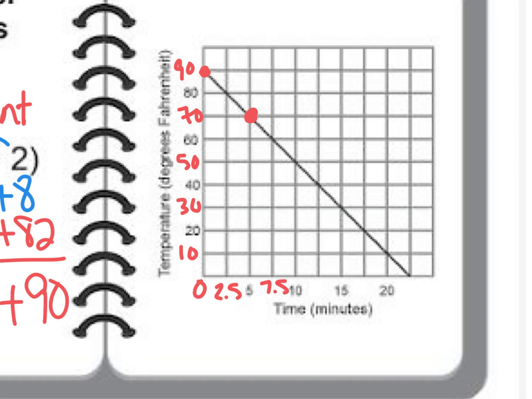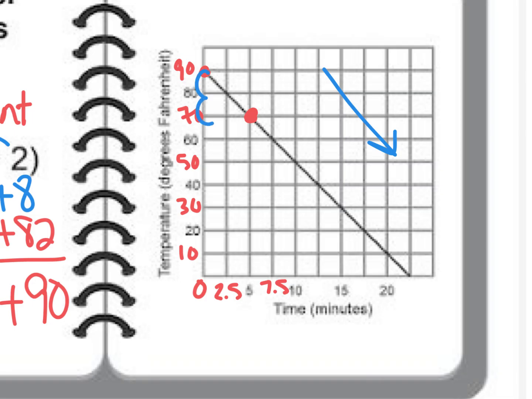What do you notice about the line? What is it doing? It's going down. What does that mean about our slope? It is negative. So we're going to count down. Be careful with your scale.